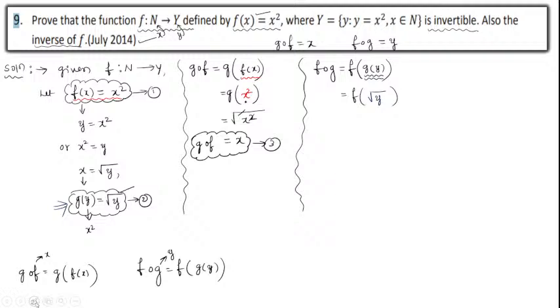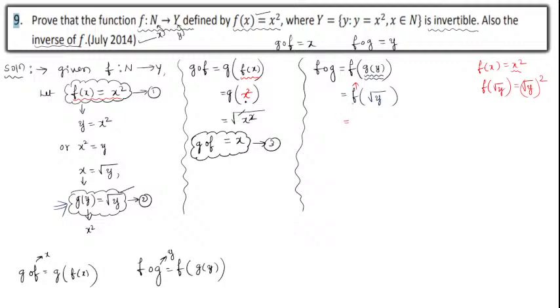Now g of y is root y, and f of x is x square. We need f of root y. That is equal to, in place of x you have to insert root y. That's it, root y whole square.